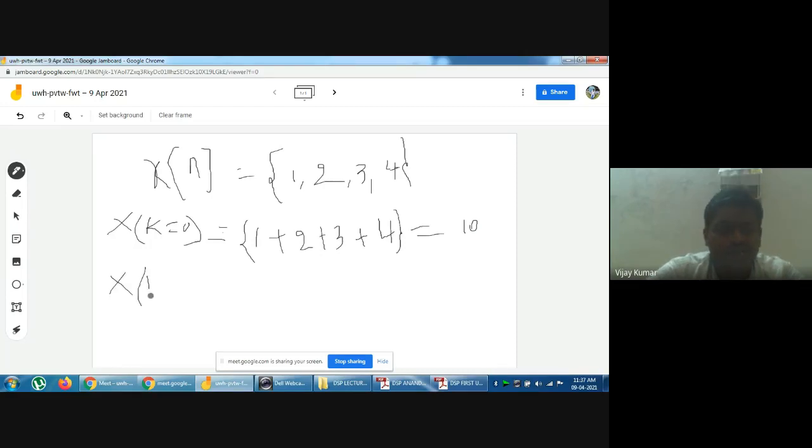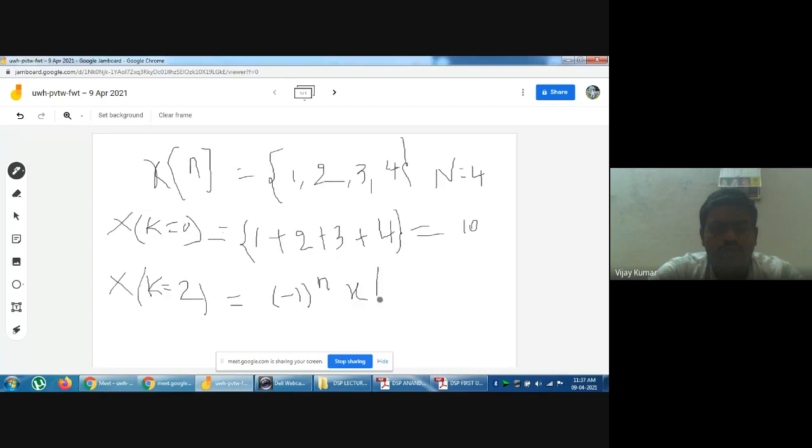Next one, x of k equal to n by 2. Here n is 4, so x of k equal to n by 2 means x of k equal to 2. How do you compute it? Minus 1 whole power n times x of n. When n equal to 0, minus 1 whole power 0 is 1, so 1.